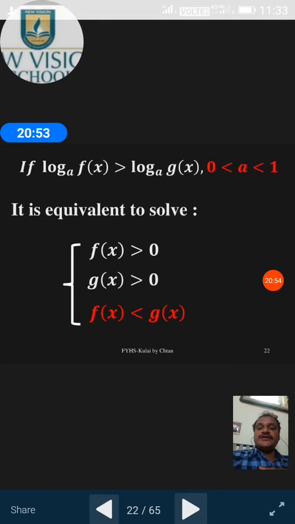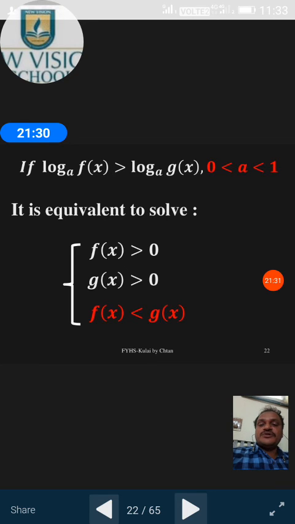Now another important inequality of logarithms: log f of x to the base a greater than log g of x to the base a, when the base lies between 0 and 1, a positive fraction. Then f of x is less than g of x; the inequality is reversed from the original one, and it is obvious that f of x and g of x are both positive because logarithms are defined only for positive numbers.